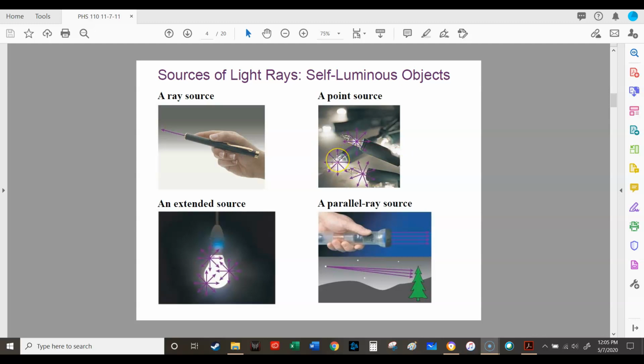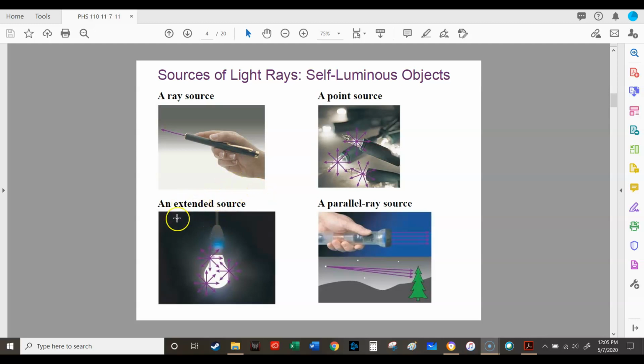See how these little vectors are in all directions here. How that's different is that a laser sends out only one beam of light, where a point source of light sends out an infinite number of rays in all directions. Okay.